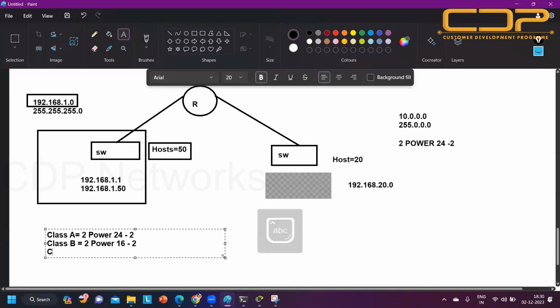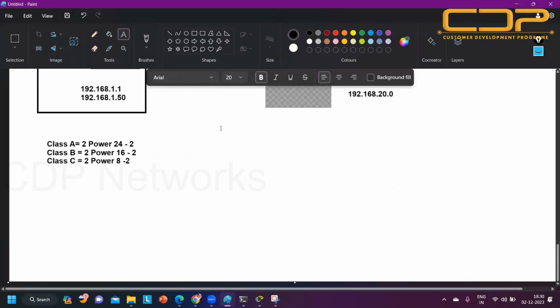And for class C, 2 to the power 8 minus 2. These are the default IP addresses from each class. But after subnetting, you can get 10, 50, 60, or 100 IP addresses. So the reason we use subnetting is to divide a large network into smaller networks to reduce wastage. Now, what is subnetting? Subnetting is the process of dividing a large network into smaller networks.